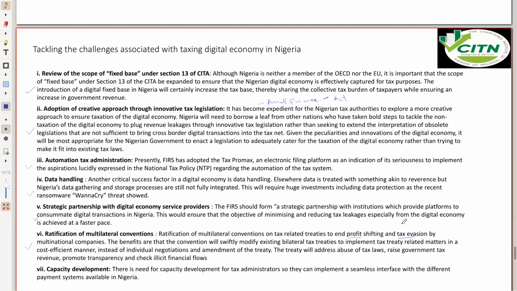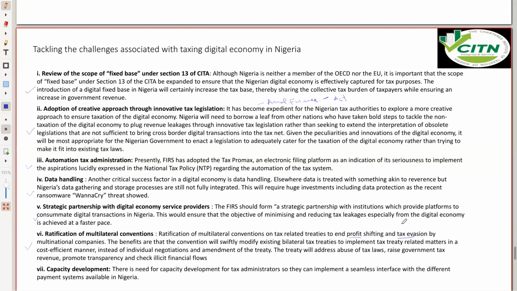Some of these tax treaties are such that we're able to get data from the country where that company is registered and where they are resident. Just imagine that we're able to get data from the US on Facebook transactions. That will enable us to extract from their database transactions coming out of Nigeria, and then they're going to tax appropriately.